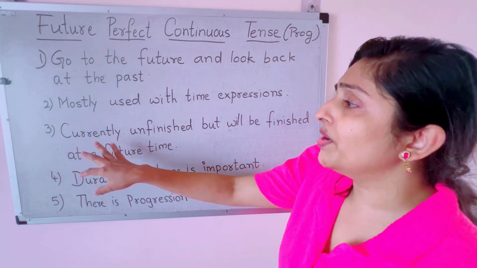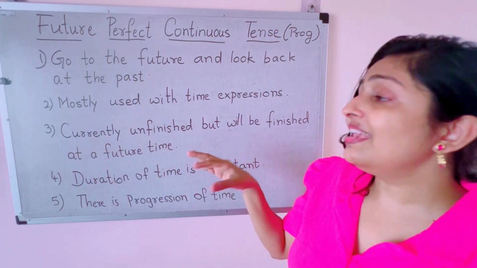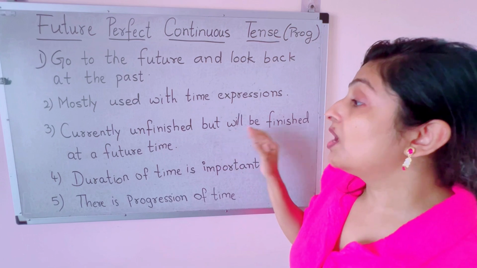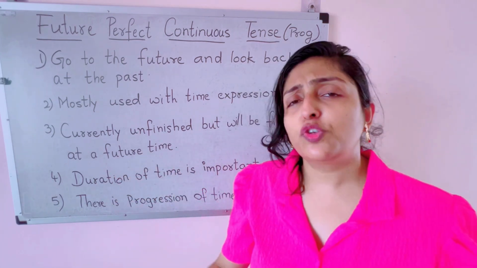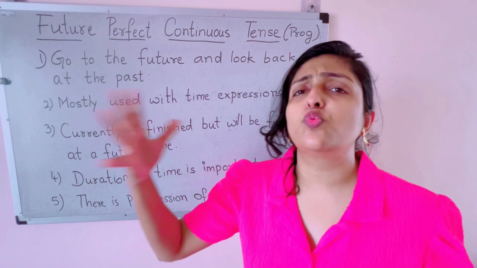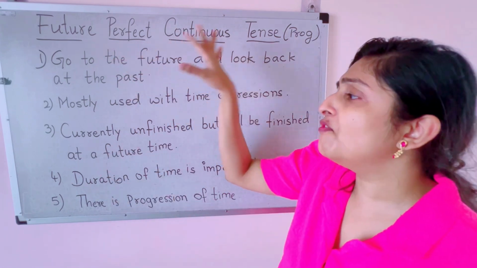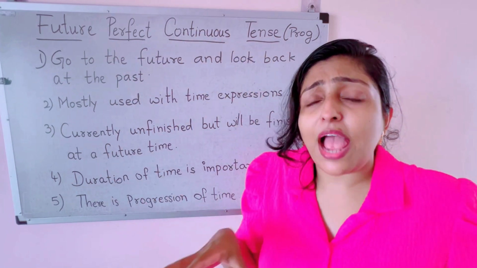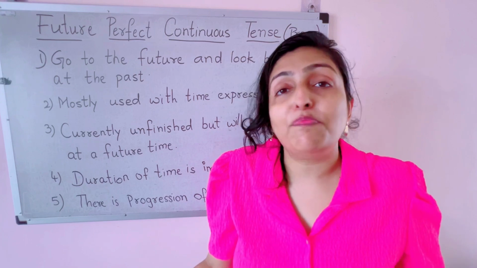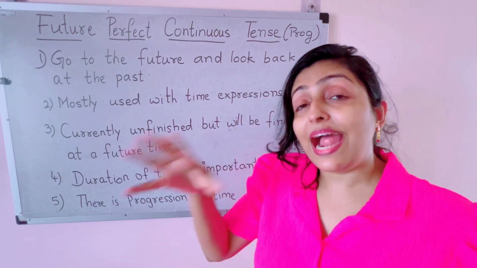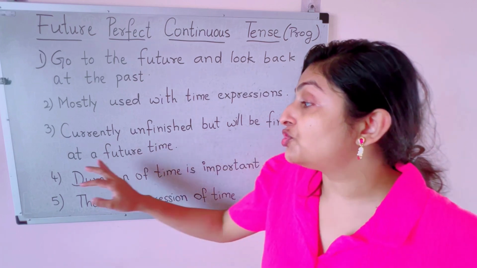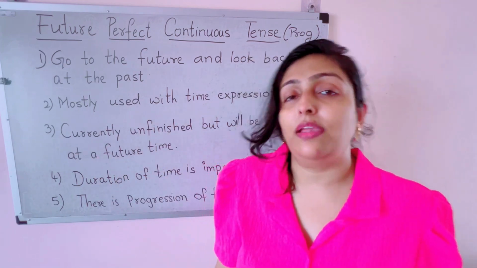The third point is, it is currently unfinished, but will be finished at a future time. So the sentences in future perfect continuous tense, at present they will not be finished or completed, but that action will be finished at a future time.